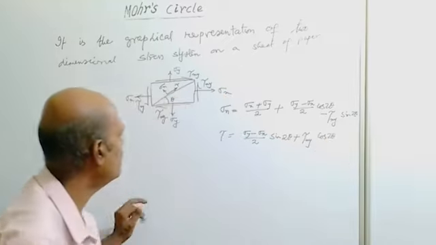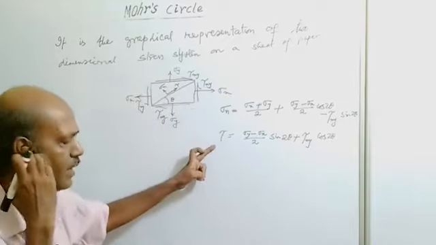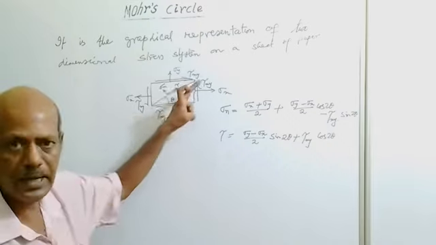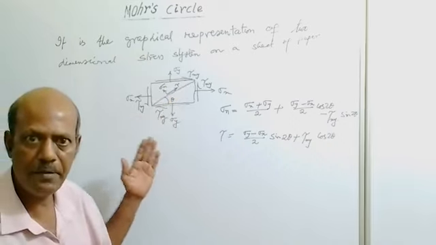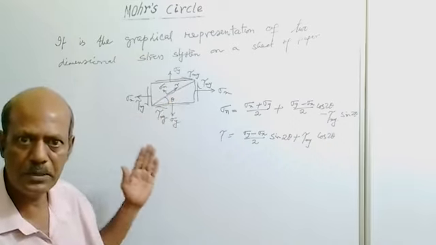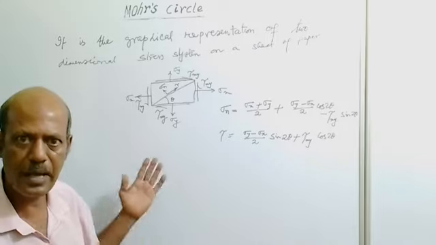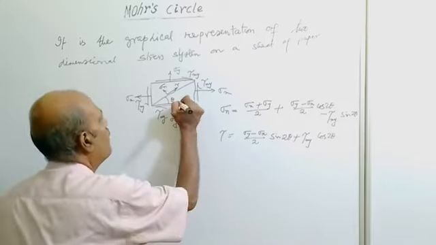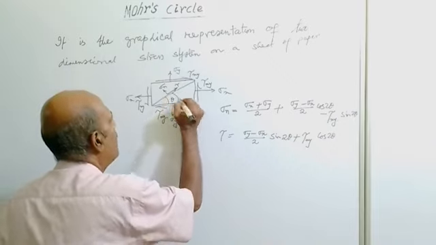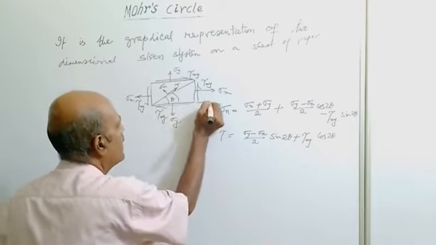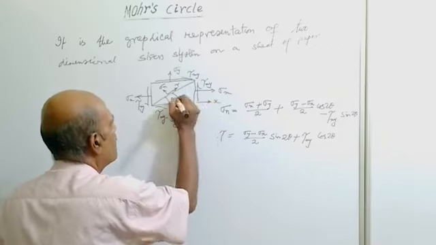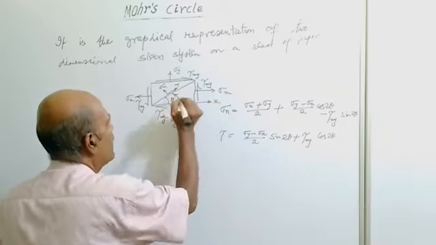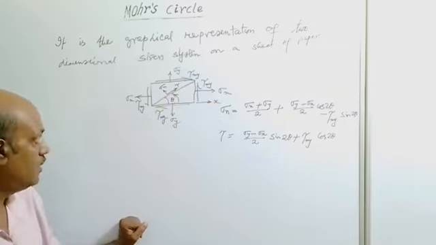So we have got these two values of sigma and tau which is developed on the inclined plane. The inclined plane makes an angle theta with x axis in anti-clockwise sense. So that means when we measure the angle from positive x direction, this angle becomes theta.